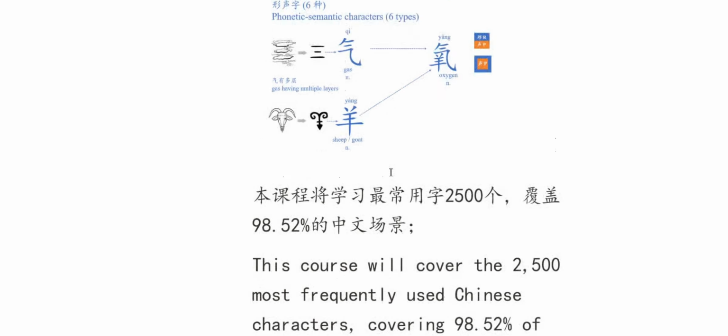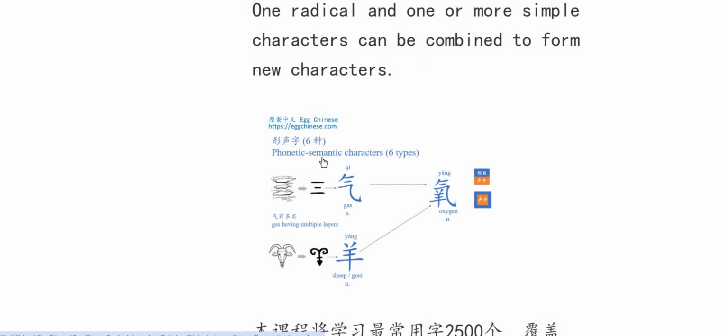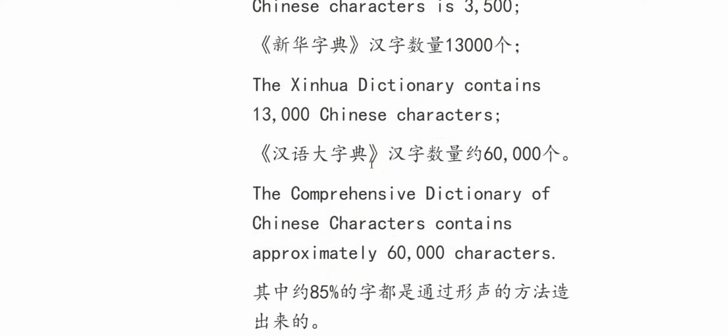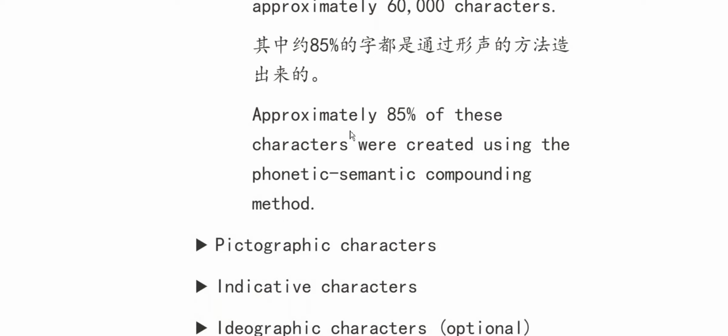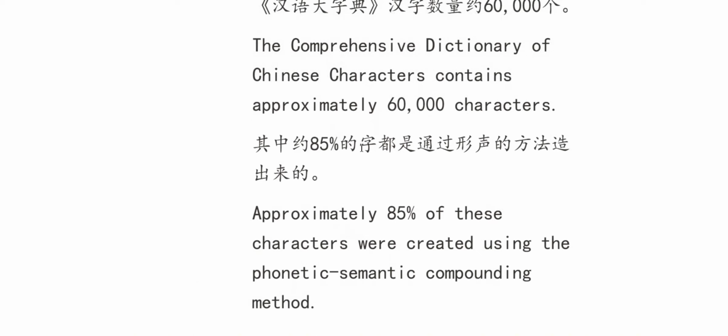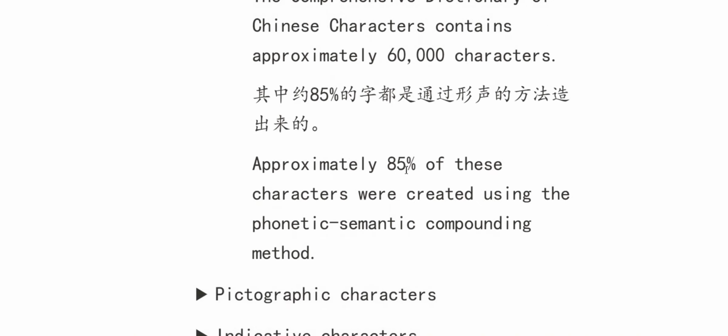Most of them are created by this method, phonetic and semantic method. So the comprehensive dictionary of Chinese characters contains about 60,000 Chinese characters. Of all of the above, about 95% of these characters were created using the phonetic semantic compounding method.